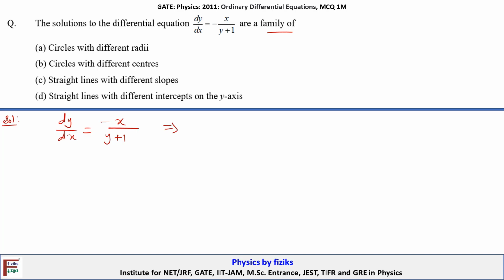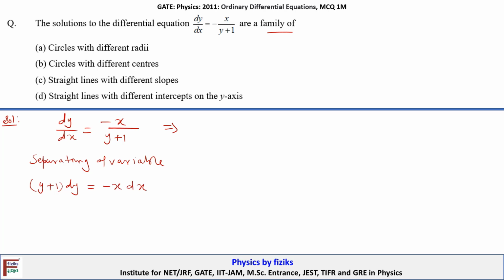On using the separation of variables technique, by separating dx on the right hand side and dy on the left hand side, we can write it as (y plus 1) dy equal to minus x dx.